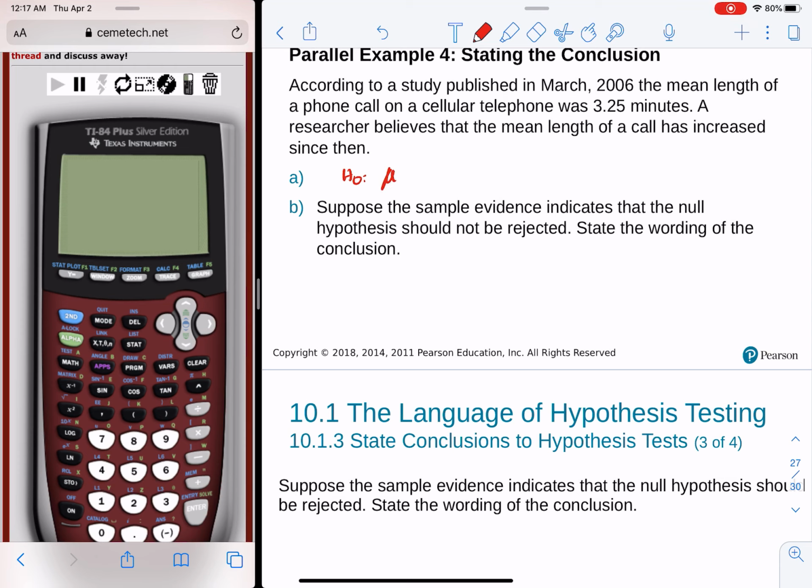The null is mu equals 3.25. The alternative is mu greater than 3.25. So our conclusion would simply be, do not reject the null. Do not reject the statement that the mean length is 3.25.